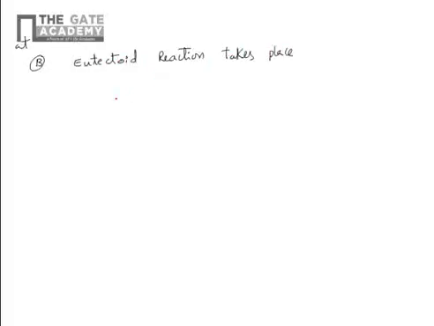Eutectoid here means solid is converting into another two solids. So solid 1, gamma austenite, is converting into alpha ferrite and cementite.